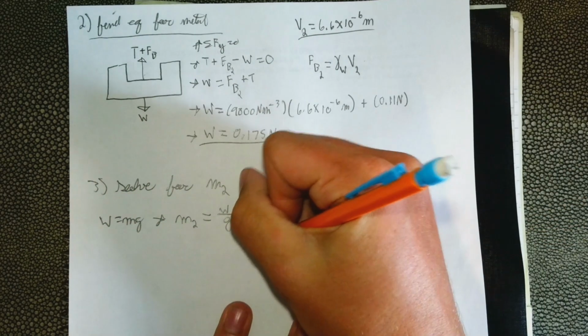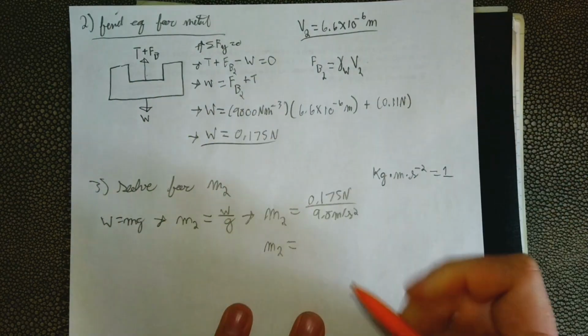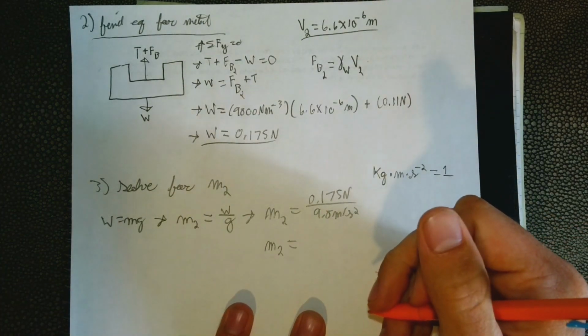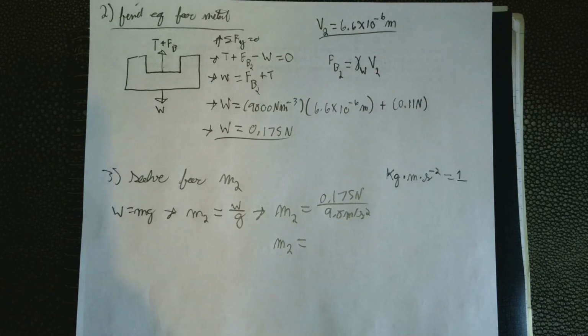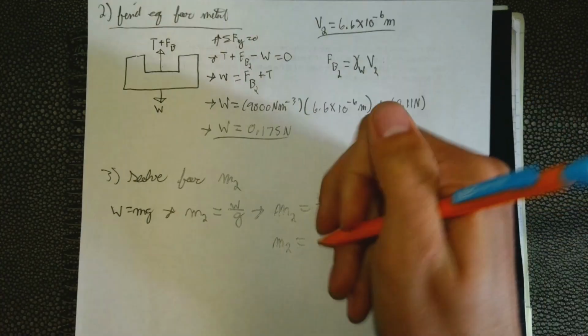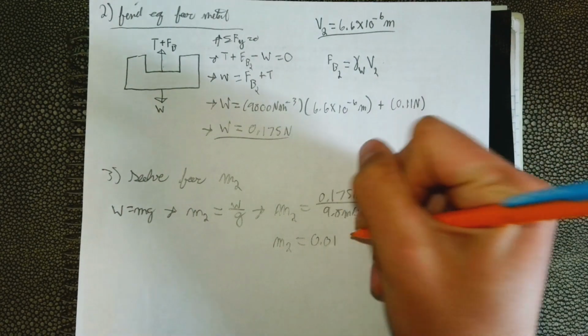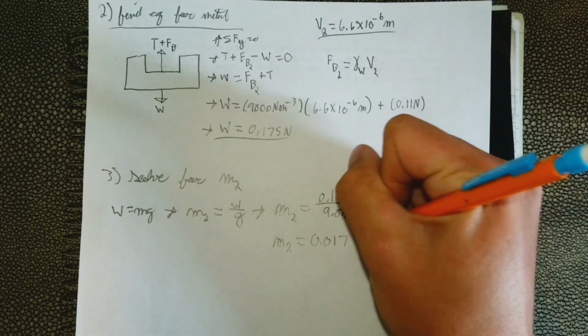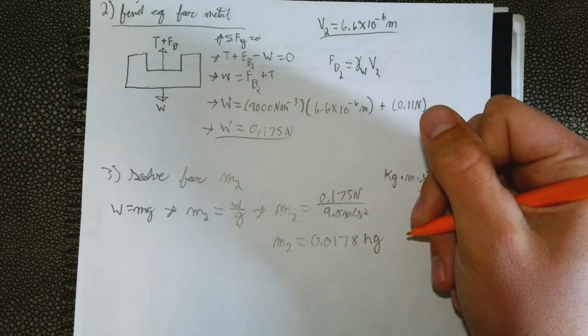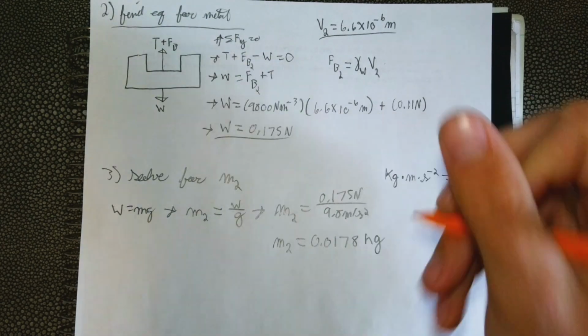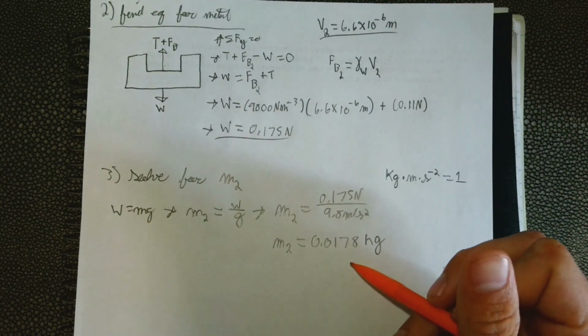So this will actually leave us a final answer in kilograms. So put that in the calculator. You'll get 0.0178 kilograms. Yeah, so that's the answer. That is the mass of the metal.